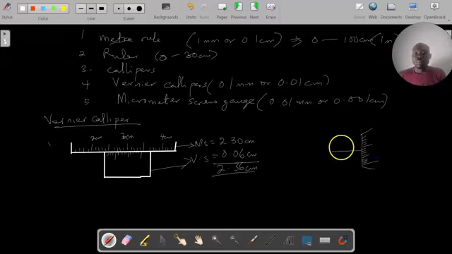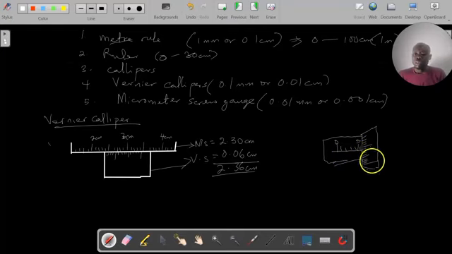Let's say this is 5. So let's say you have your micrometer scale gauge like that.